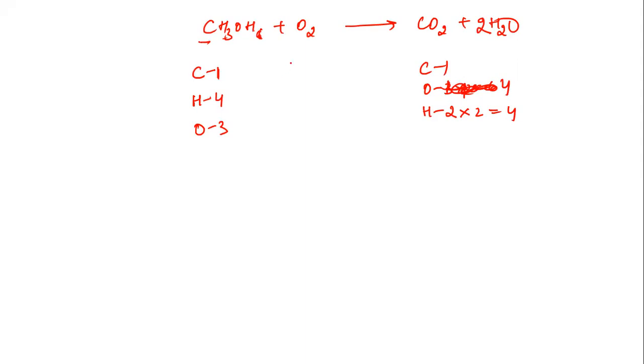Now here you have 3 oxygen, and carbon is balanced. In order to make this 1 and here it is 4, you need 3 there. So how can you get 3?